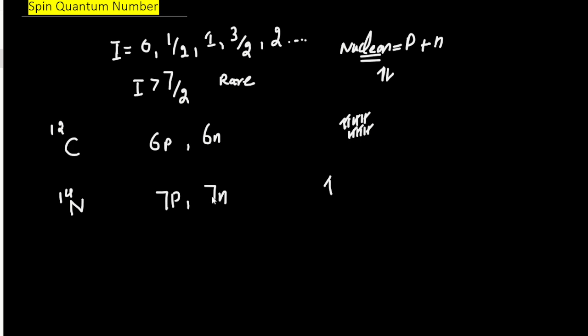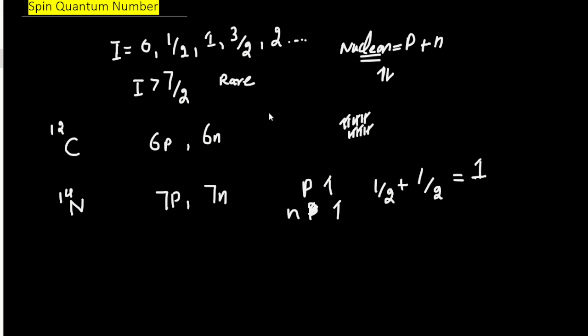And in nitrogen 14 there are 7 neutrons, 6 are paired up and 1 is unpaired. 1 unpaired proton, 1 unpaired neutron, and their spin is 1/2. So spin for the neutron, spin for this is also 1/2. 1/2 plus 1/2 is equal to 1. So the spin for this will be 1.